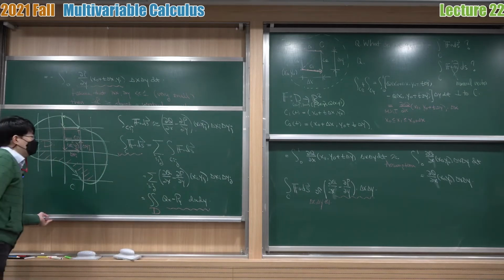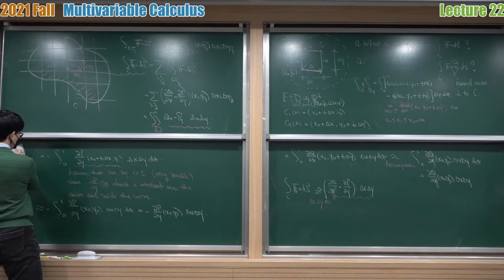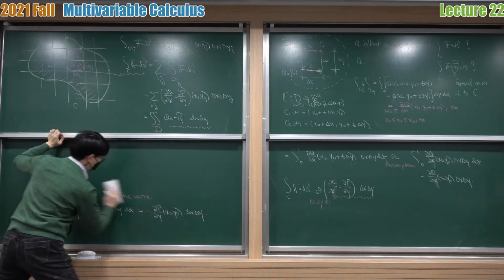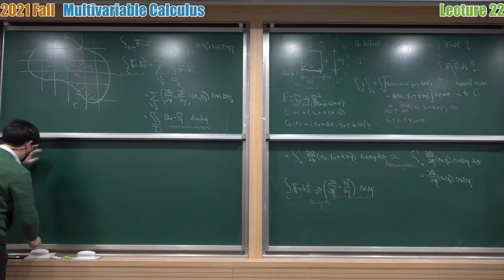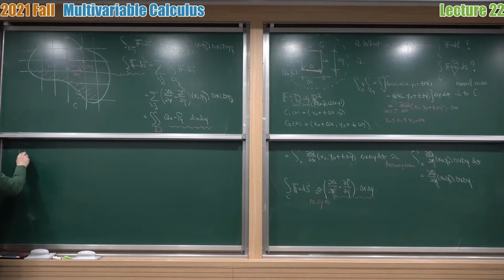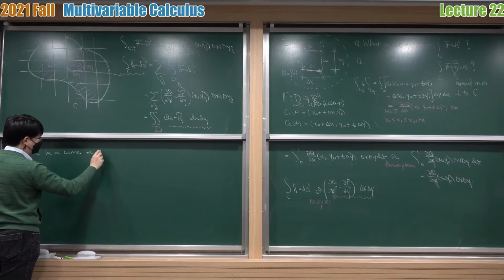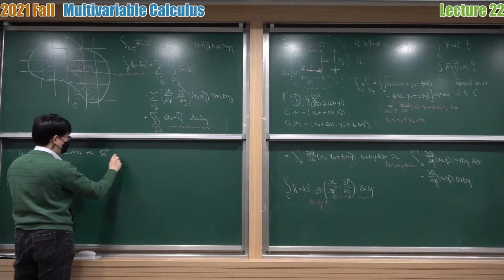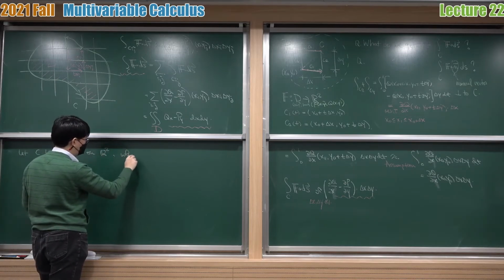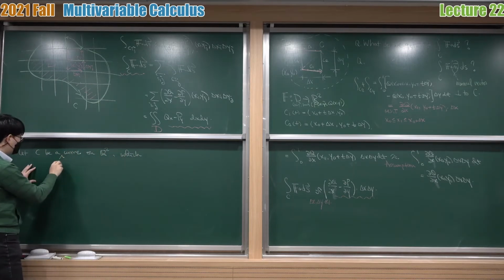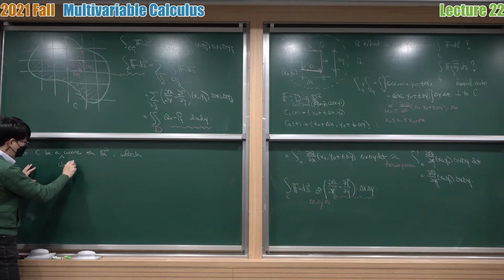So let me summarize. Let C be a closed curve in R2.